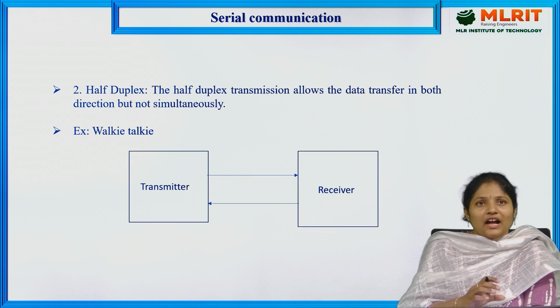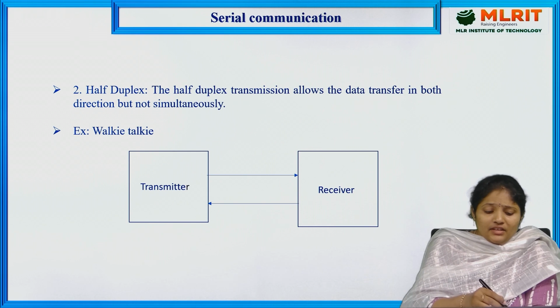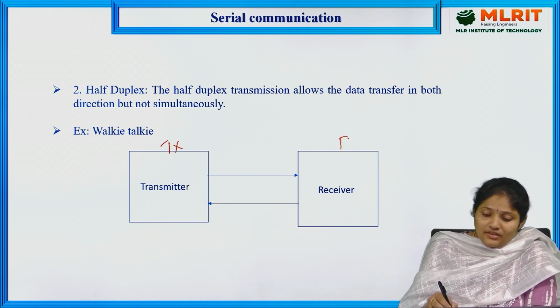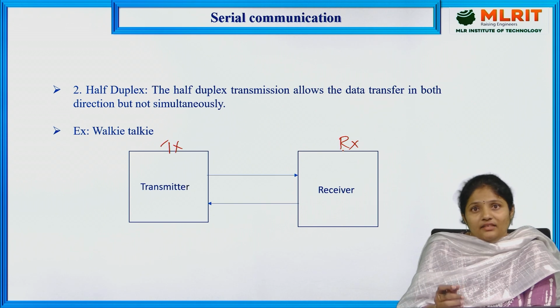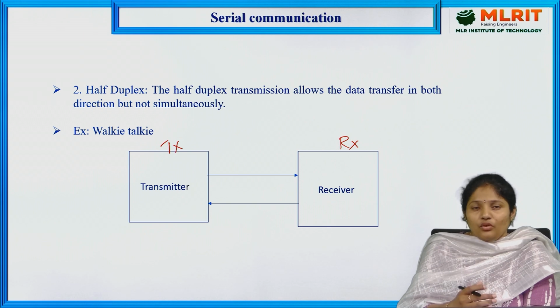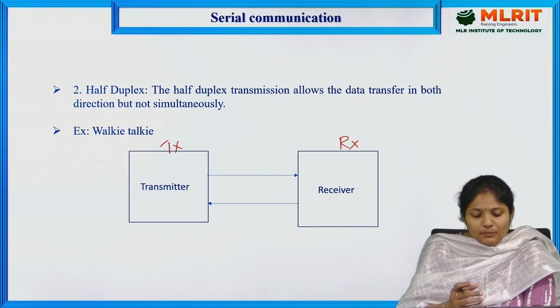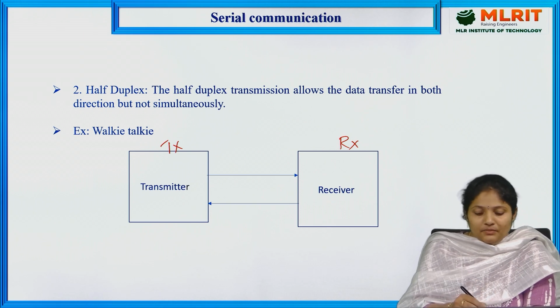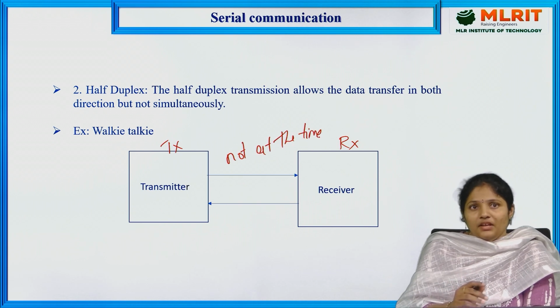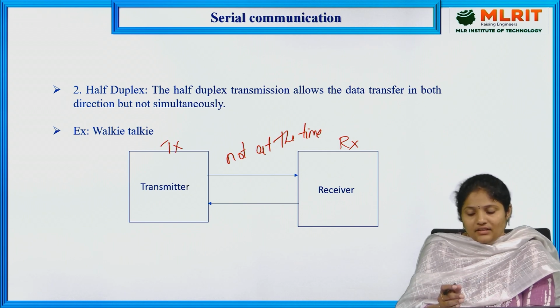Coming to the half duplex mode, the transmitter can transmit the data and the receiver will receive the data, and again the receiver can also transmit the data and the transmitter can receive it. Both communications are possible, but not at the same time. At a particular time, the transmitter sends the data and the receiver receives.